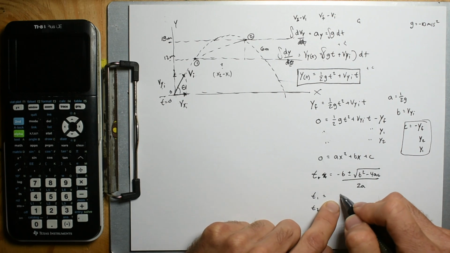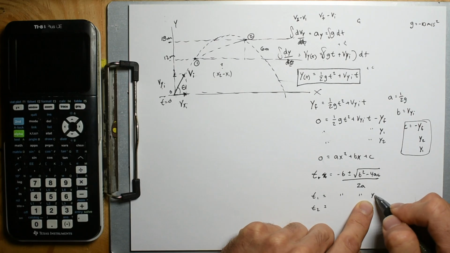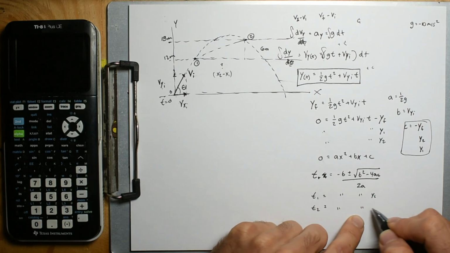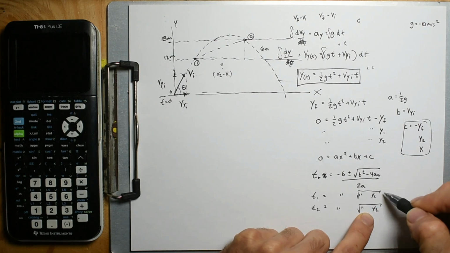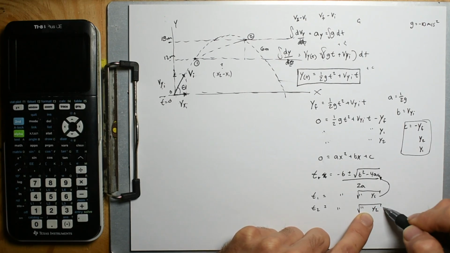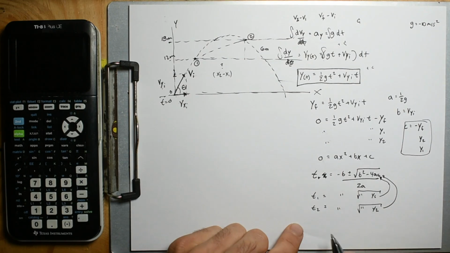So I can say t1 is just, and then y1, and then y2. So this value of c is going to be the only thing that changes out of those equations, and we can write it once.